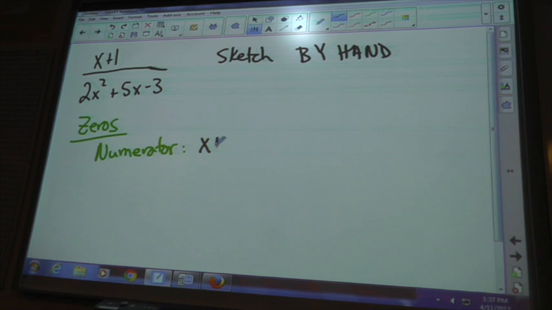Well, these look easy now compared to the ones I was giving you on the test. How do you solve that? Are you guys so shell-shocked that no more zeros? And it goes to x equals -1. These are going to be zeros of the function.